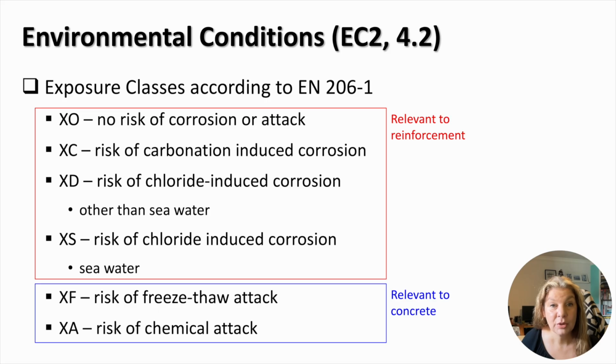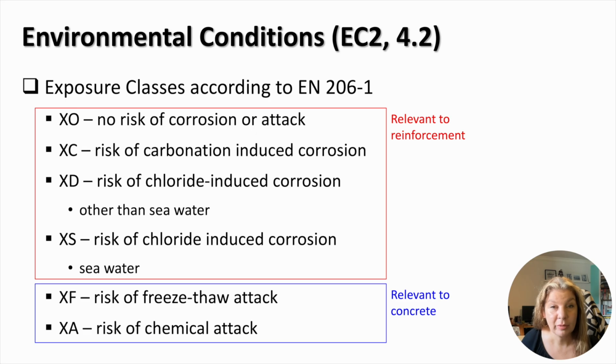All names of exposure classes start with two capital letters. The second letter represents the factor causing the structural deterioration. 4 out of 6 exposure classes are relevant to reinforcement, and they include X0, XC, XD, and XS.